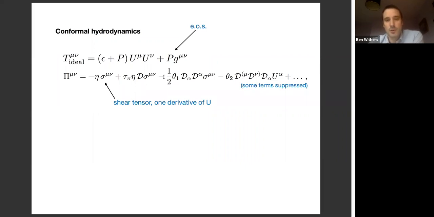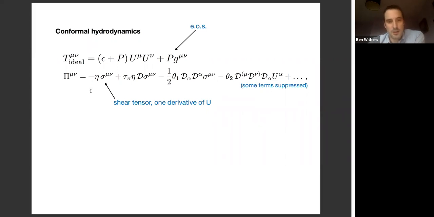And as you go to higher orders in gradients, there are more and more terms you can write down. I've presented only a few of them here. So this is second order, third order, and so on. All I've done here is to show the first few that appear after you linearize. So there are more terms that you should write down: second order, third order, fourth order. But these will vanish in the linearized limit. This is just for clarity of presentation.